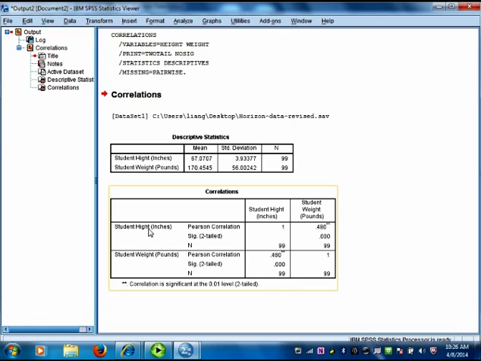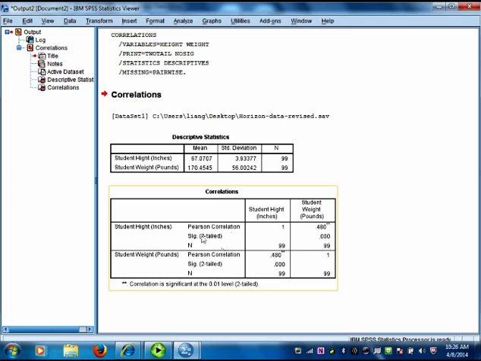But between student height and student weight in pounds, the relationship is 0.480, and the two stars here indicate the probability of error with a two-tail test, because we're just saying there is a relationship. We did not say which one is greater.